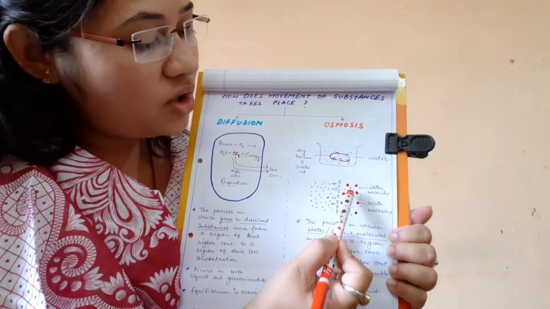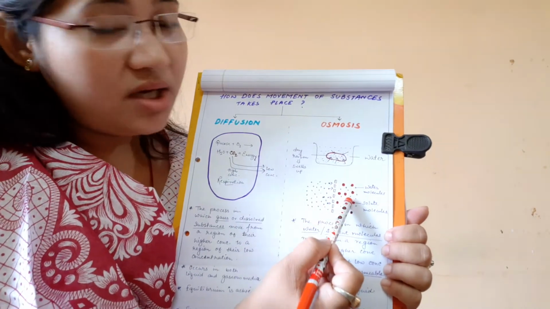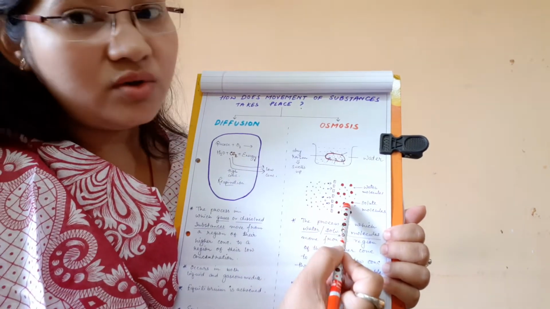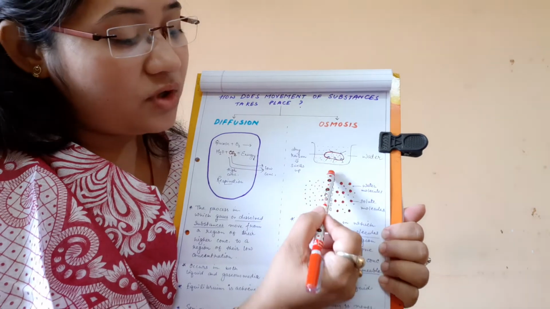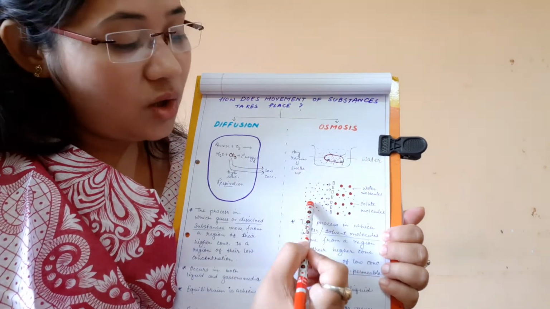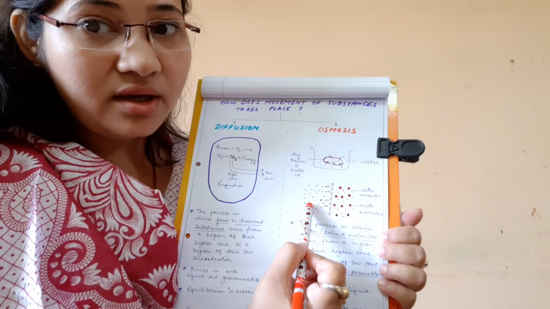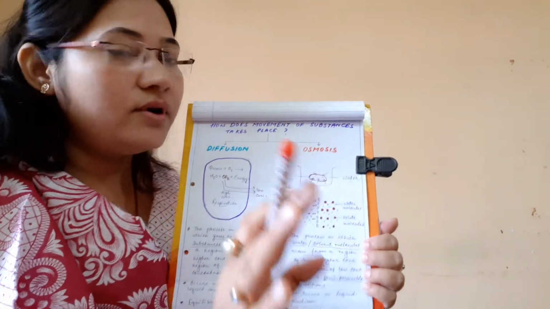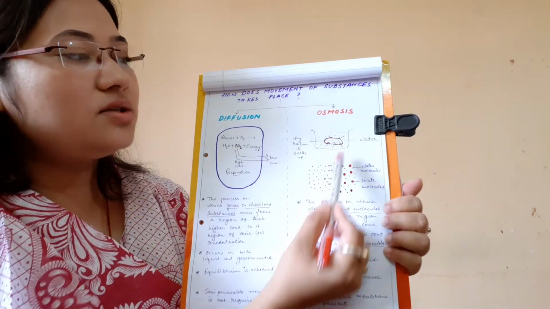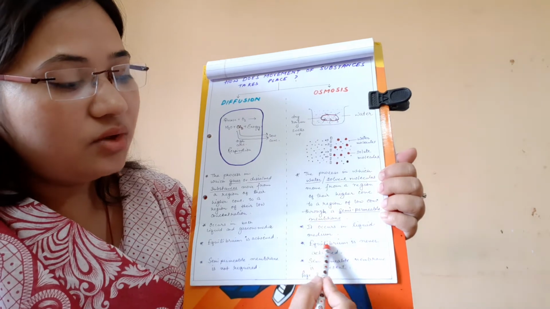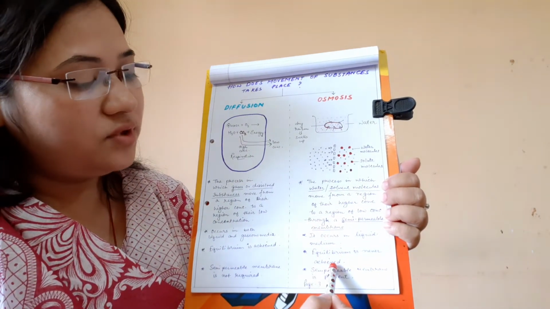But the solute molecules, because they have bigger size, are not capable of crossing this barrier and coming to the opposite side. So children, equilibrium is never achieved in case of osmosis.